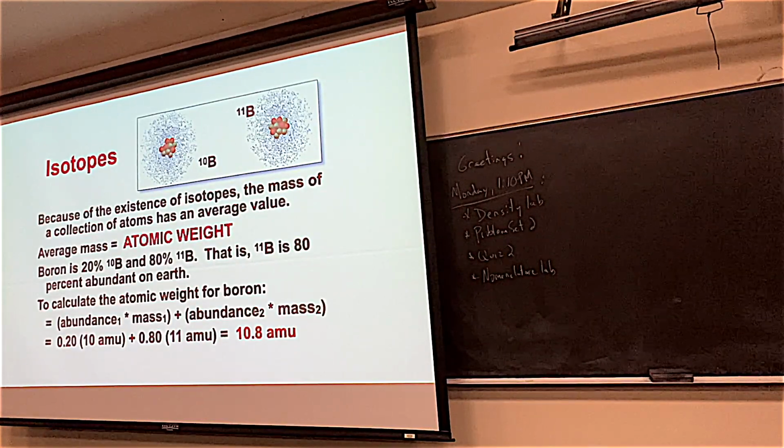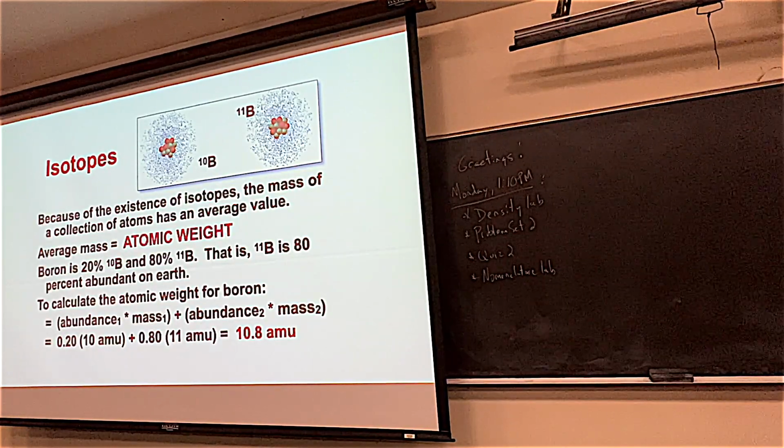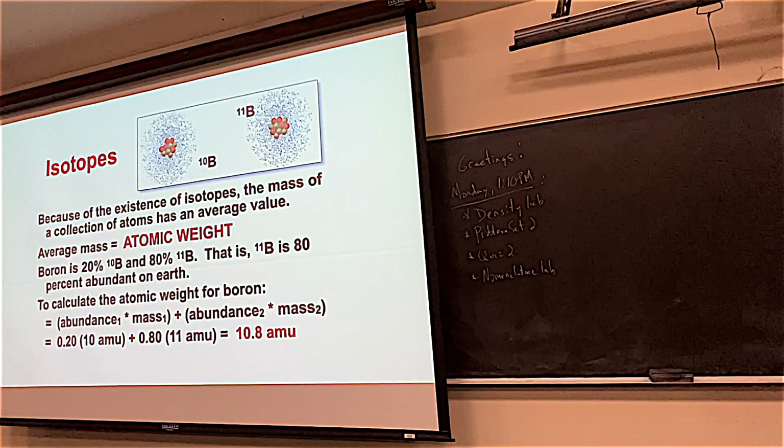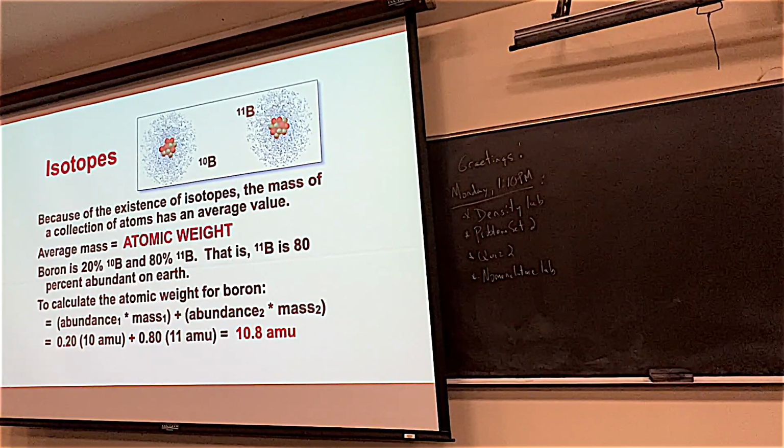So boron, as we talked about on Wednesday, comes mostly as 2 isotopes. We'll call them boron 10, which gets the little superscript in the upper left corner, and boron 11. Now, those numbers represent the protons plus the neutrons.